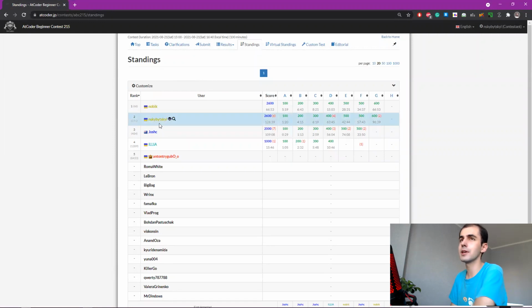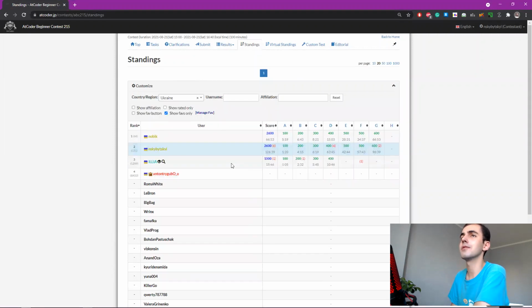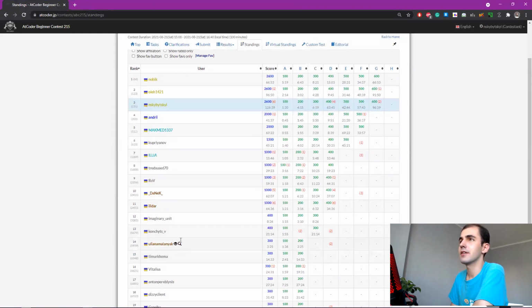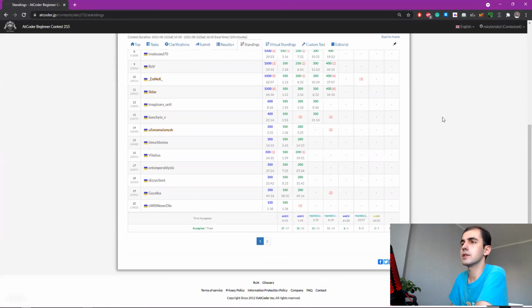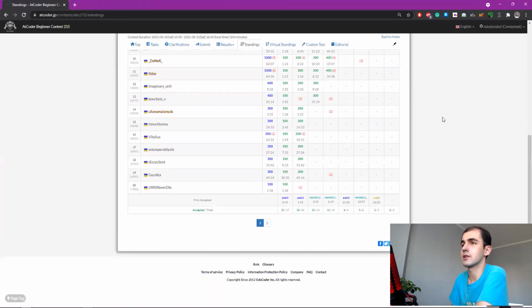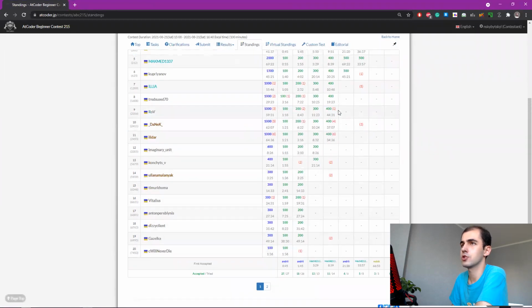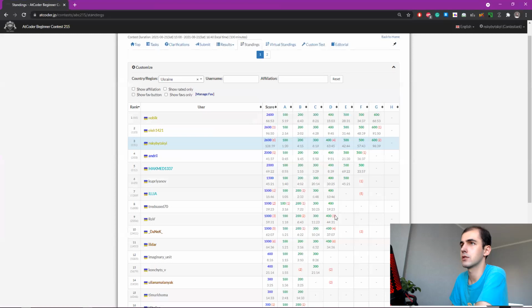I should probably add more. Oh, and now I remember why I don't add Ukrainians into favorites, because I can just filter by flag, right? So yeah, you can see that it's a well-balanced contest, let's be fair. We have people with pretty much each solve count here that exists.